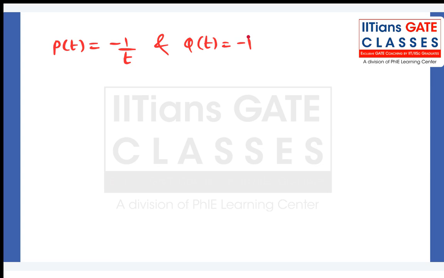The integrating factor is nothing but exponential of integral of p of t dt. So p of t is minus 1 by t. Let's take minus 1 outside. The integral of dt by t is ln t, so it is nothing but minus ln t. That is nothing but 1 by t, because minus becomes the power of t. So e power ln of 1 by t just becomes 1 by t.